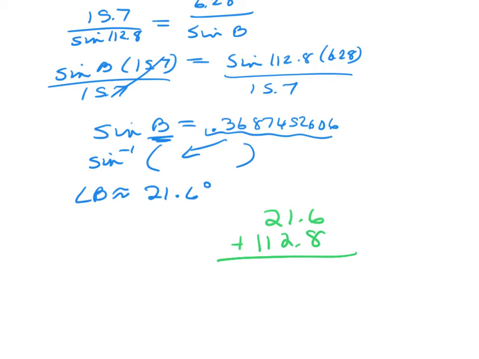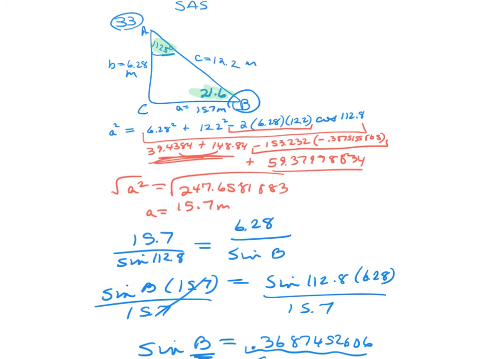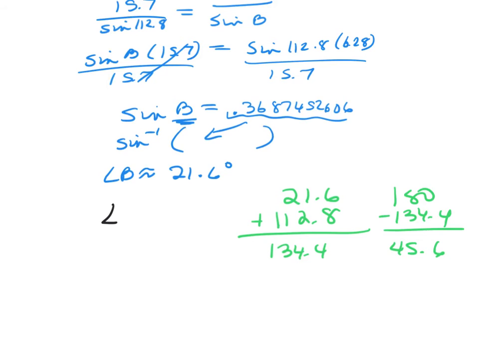I'm going to add these two and subtract from 180. So this gives me 134.4. Subtract that from 180, and I get 45.6. So my last missing piece, which is angle C, is 45.6.